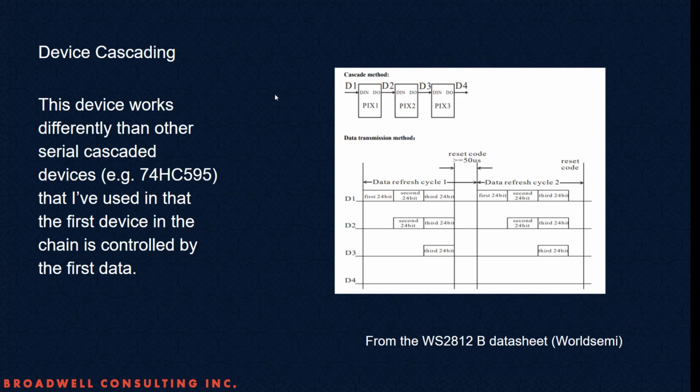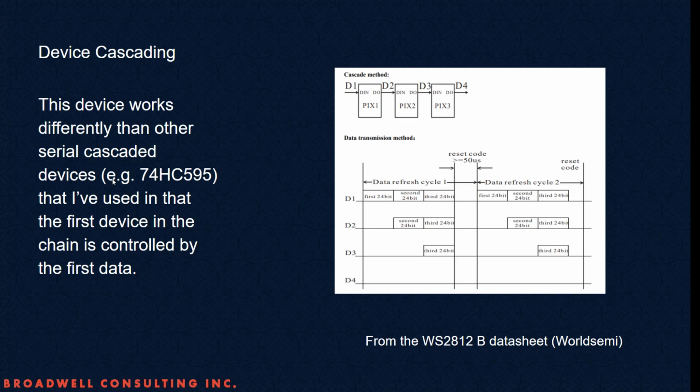When we cascade multiple devices, data comes into the DIN of the first LED, then goes out the DO, into the DIN of the second LED, then goes out into the DIN of the third LED, and so on. Take a look at this diagram from the datasheet. This is a little bit different than other serially cascaded devices.